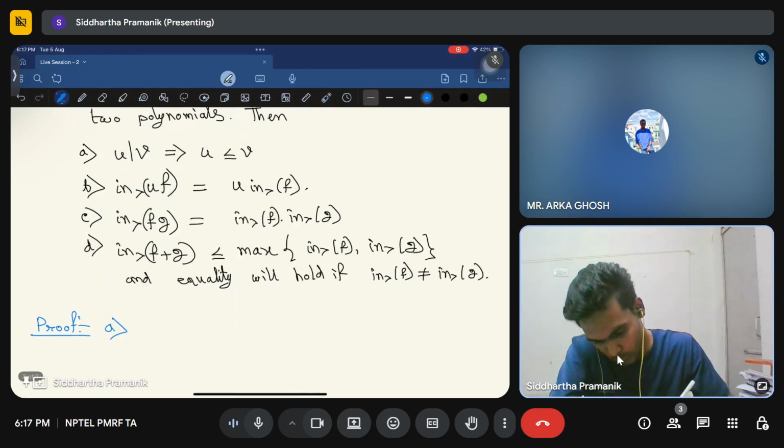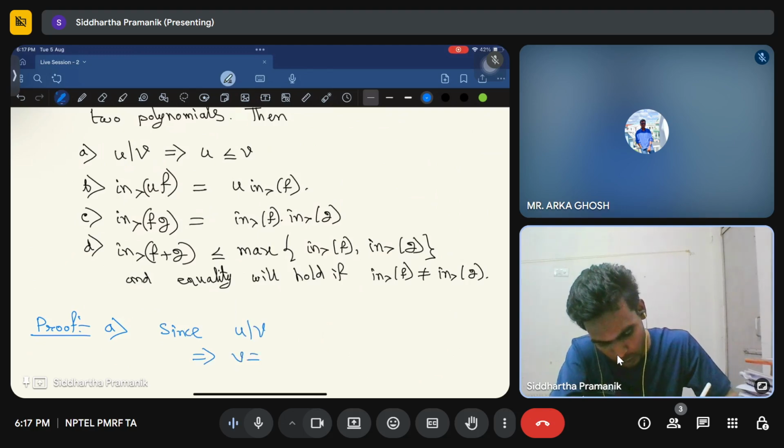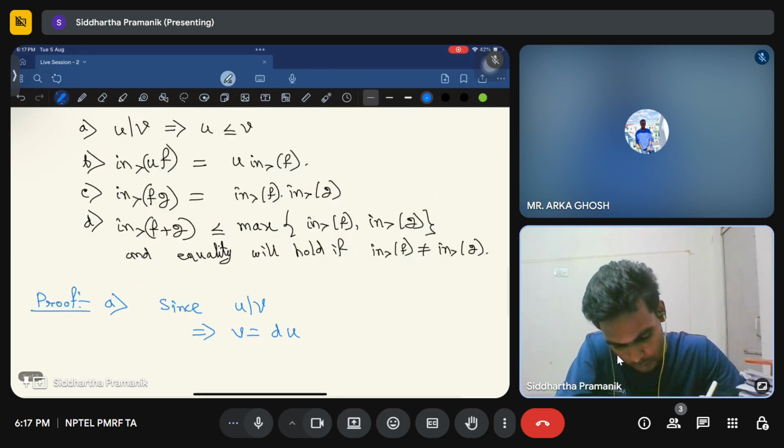So these are the two properties, so we will use these two. What is given is u divides v. So that implies v equals some d times u, where d is also a monomial.